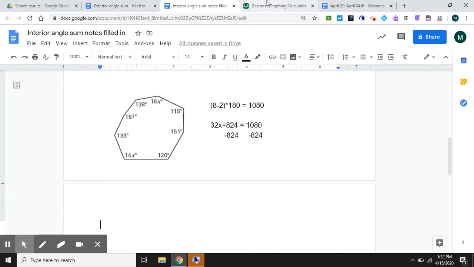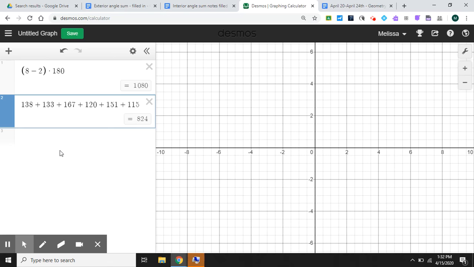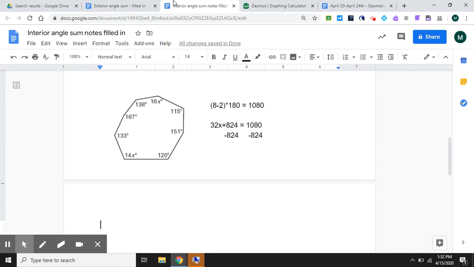And then, so 1,080 minus 824 is 256. So I get 32x is equal to 256.